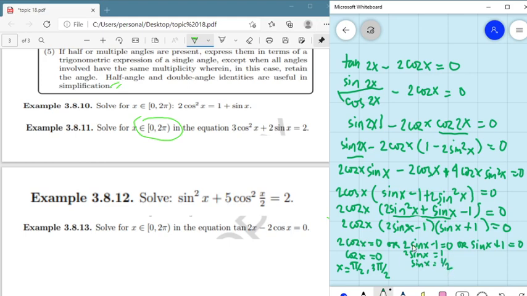Where is 1/2 positive? Sine is positive. So your x there, sine 1/2, is pi over 6, and the other one is 5 pi over 6.